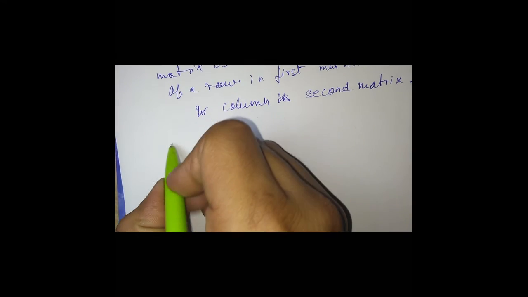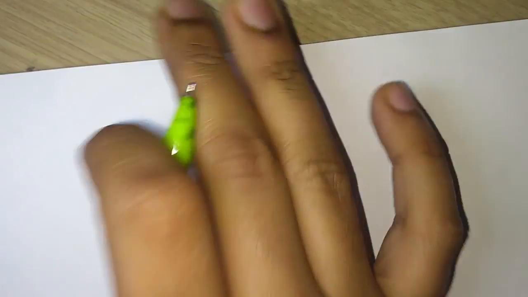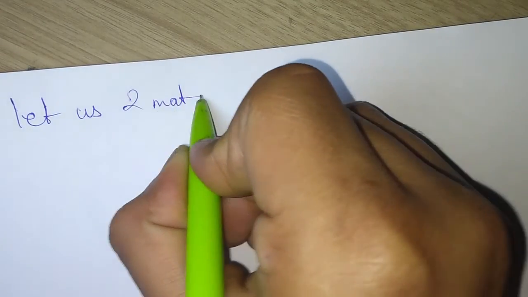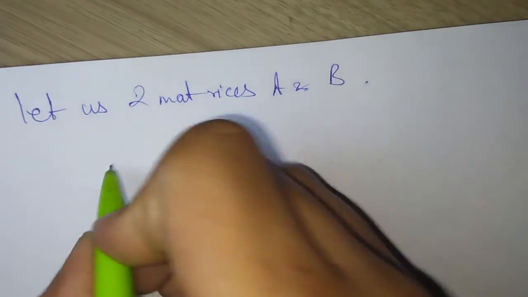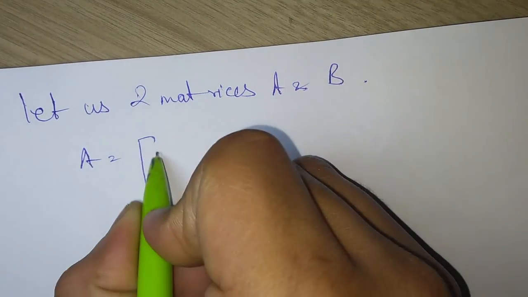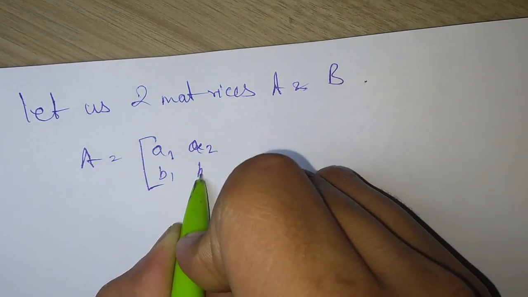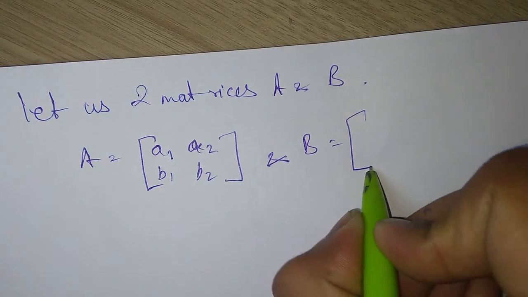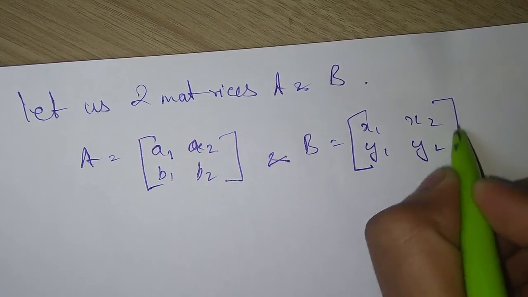Let us take an example where we take two matrices A and B. Let A equals to A1, A2, B1, B2 and B equals to X1, X2, Y1, Y2.